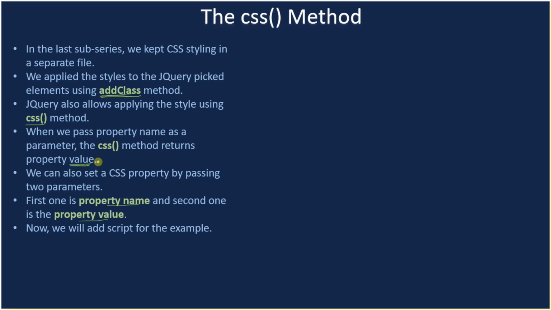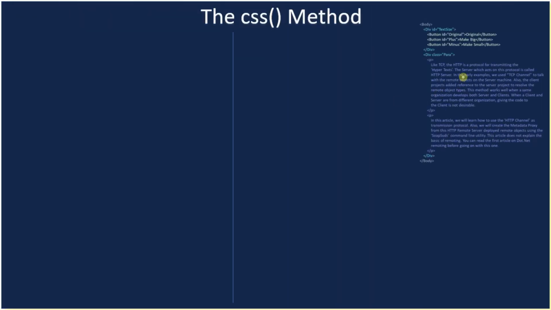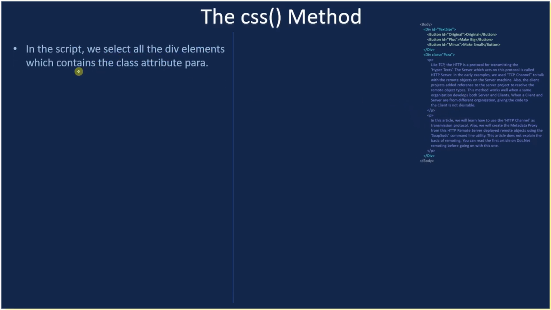Inside the div we have two paragraphs. Now let's look at the JavaScript. Here we kept the HTML file for reference. In the script, we select all the div elements which contain the class attribute para.